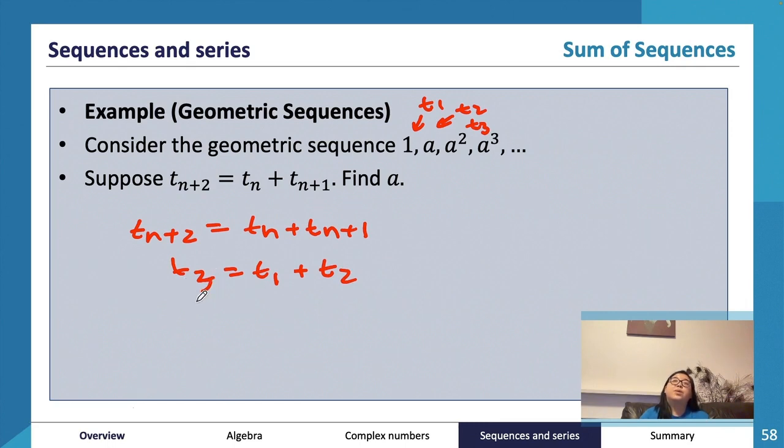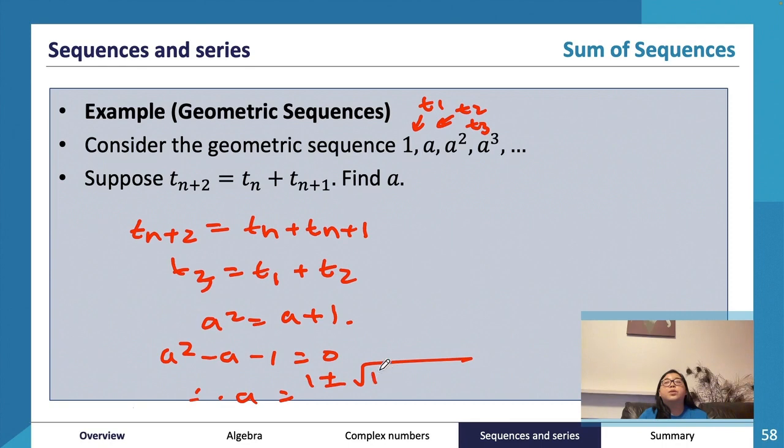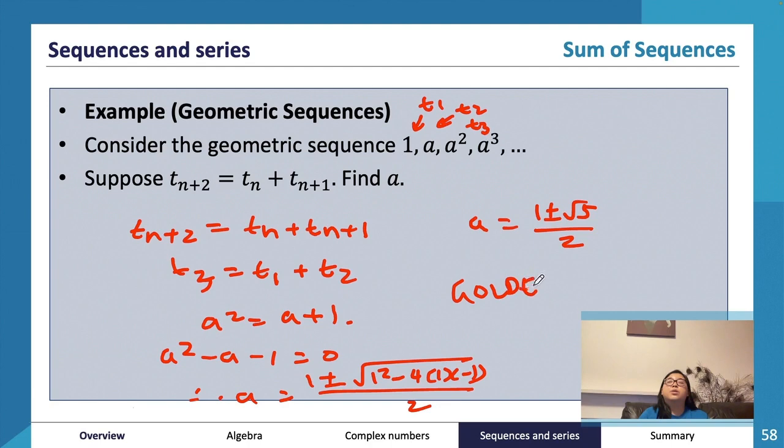That works. So therefore we can plug the points in. So a squared would be equivalent to a plus 1, right? So a squared minus a minus 1 equals 0. So therefore you'll get that a will equal 1 plus or minus the root of (1 squared minus 4 times 1 times negative 1), over 2. So a will equal 1 plus or minus root 5 over 2, which is the golden ratio. Just for your information.